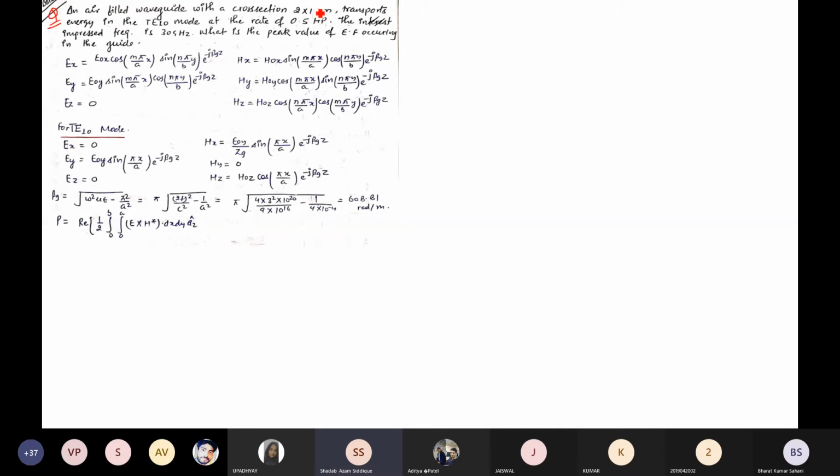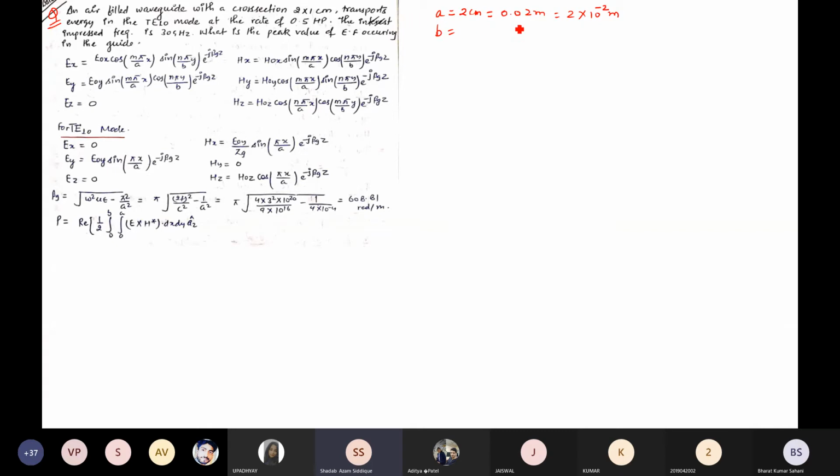So an air-filled waveguide with cross section 2 cross 1 centimeter. We have the cross section dimension a equal to 2 centimeter. Can I write it as 0.02 meter, or 2 into 10 to the power minus 2 meter? Similarly, we have b.